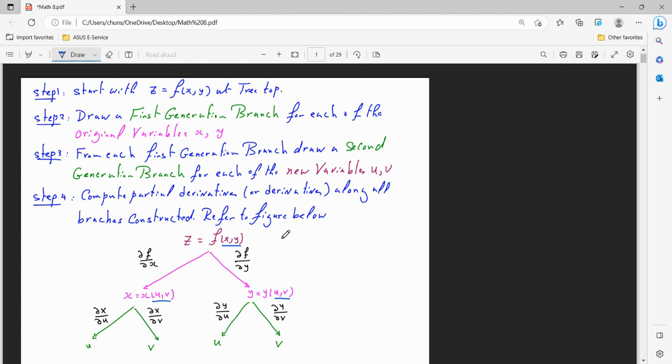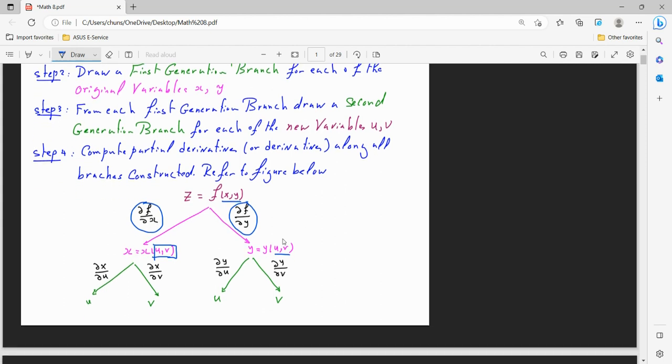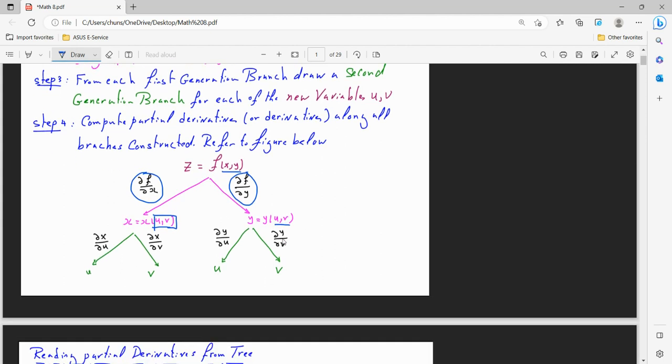Okay, so for example, if we had function z equals a function of x and y, you would first derive partial derivatives with respect to x and y, and from each branch, you can derive with respect to u and v in that equation to get 4 different kinds of equations in total, right?